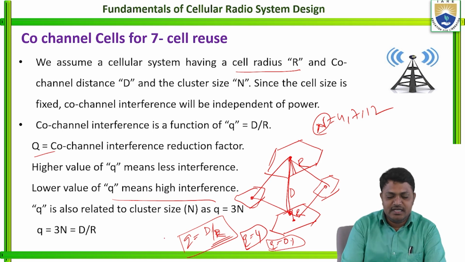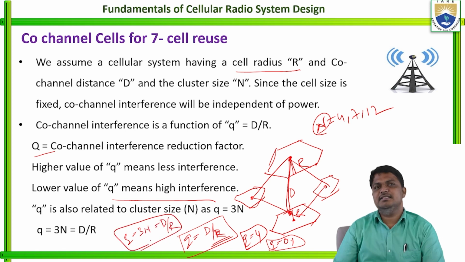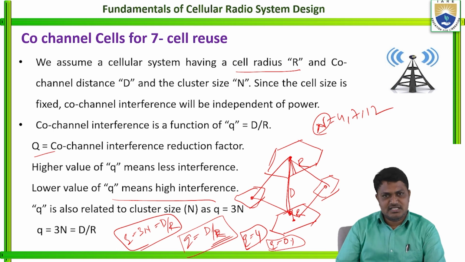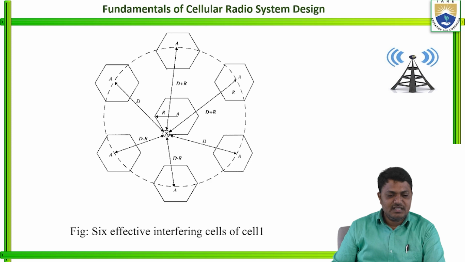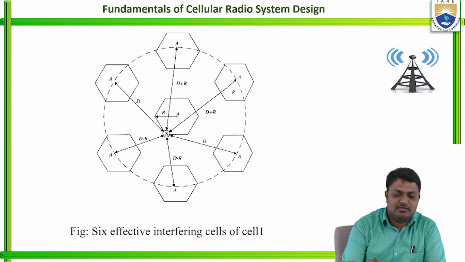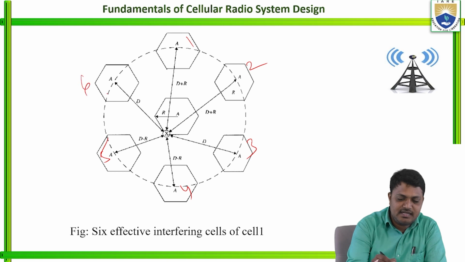So q is also related to the cluster size. To calculate the co-channel interference reduction factor, q is equal to d by r. Just now we discussed that. See here, cells 1, 2, 3, 4, 5, 6 and 7.